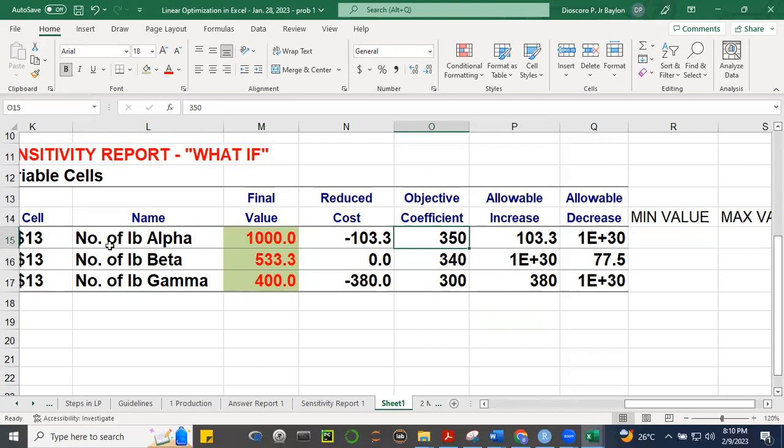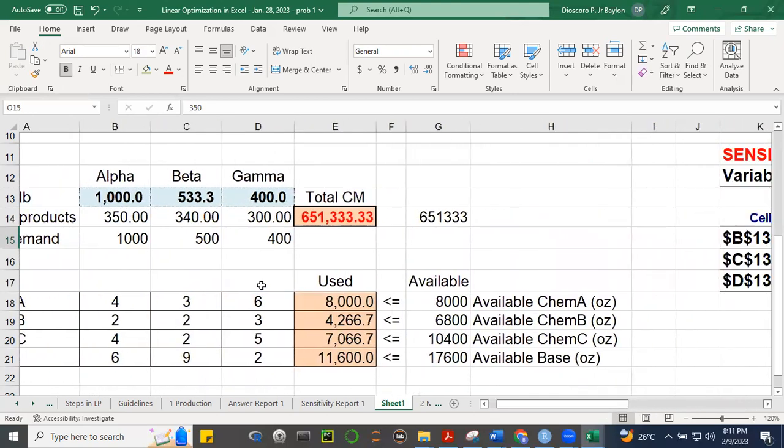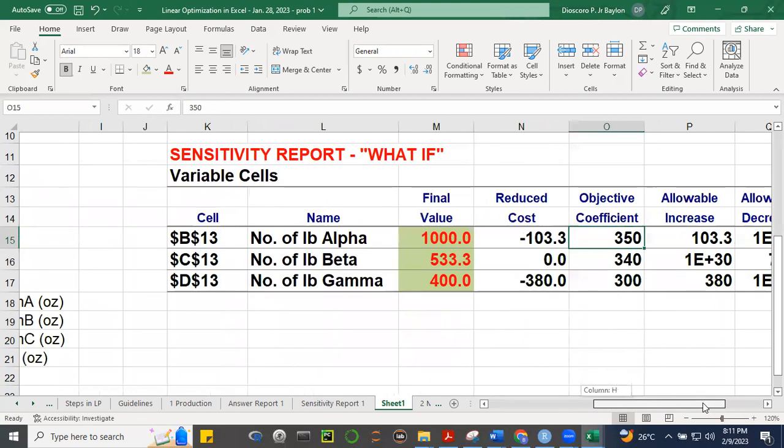Kasi di ba ang contribution margin ni alpha 350. Paano kung naging 355 to? Anong mangyayari sa optimal solution natin? Okay, so this sensitivity analysis takes a look at our optimal solution. Kung mabago ba yung objective coefficient natin, mababago ba yung optimal solution natin? Di ba ito yung optimal solution?